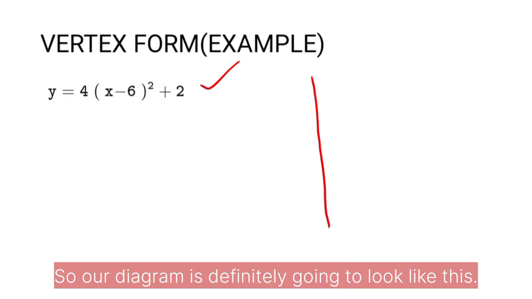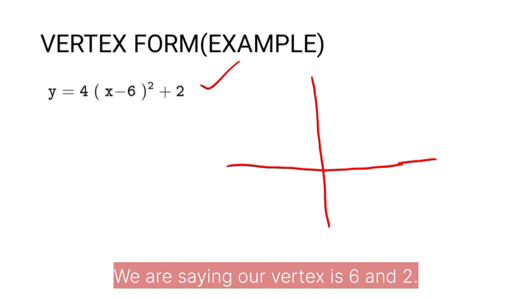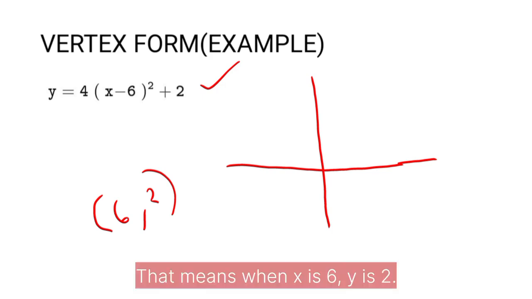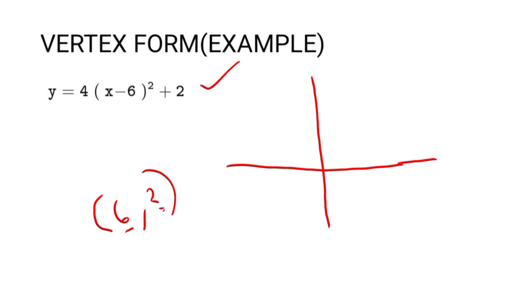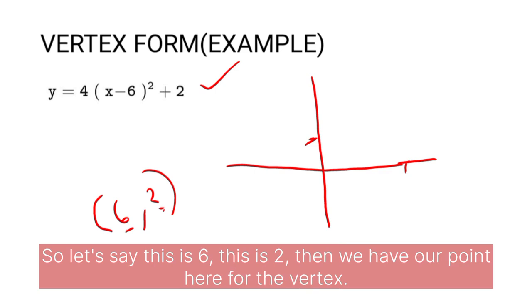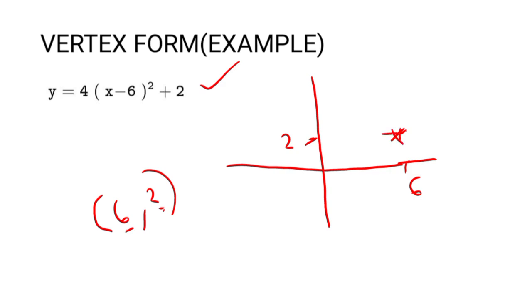So our diagram is definitely going to look like this. Let's say our vertex is (6, 2). Okay, that's (h, k). That means x is 6 and y is 2. So let's say this is 6, this is 2, and we have our point here for the vertex.